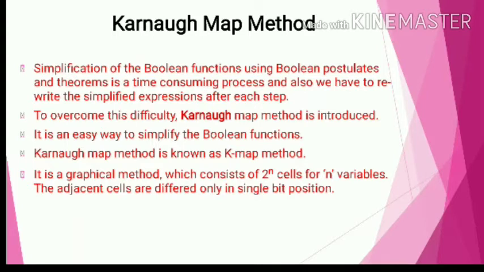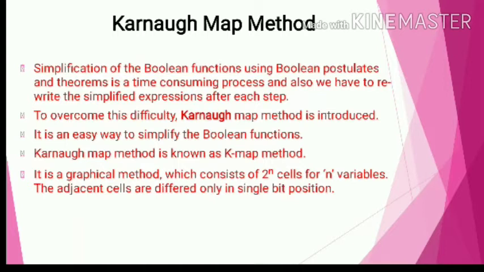This K-map method is a graphical method which consists of 2 power n cells for n variables. For example, if n equals 3, that means 2 power 3, 8 cells. If n equals 4, that means 2 power 4, 16 cells.